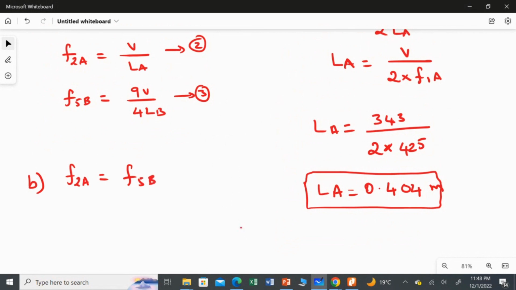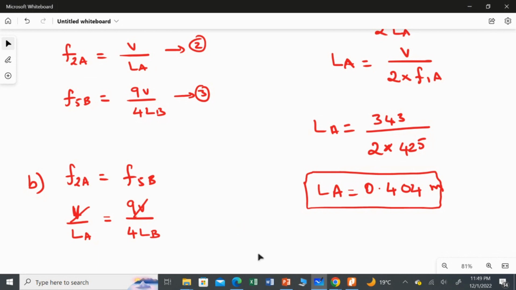That means I have to equate the right hand side of both equations, right? So that means speed over LA, which is equal to 9V over 4 LB. Clear? I can cancel speed with speed.